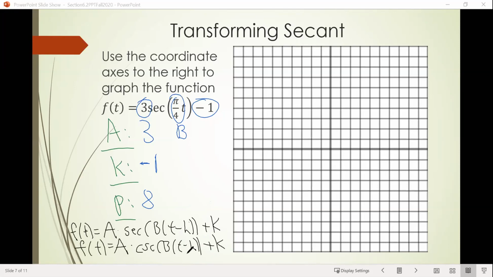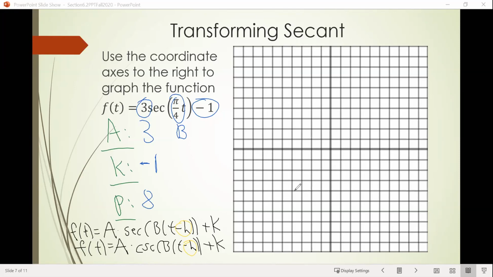And I should say that even more so with secant and cosecant, because the differences in the standard secant and cosecant functions are really that one starts on the vertical axis and one starts off of it, we actually don't deal much with phase shifts or horizontal shifts with secant and cosecant, because if a function has been shifted off the vertical axis, it's probably cosecant. If it's on the vertical axis, it's probably secant.